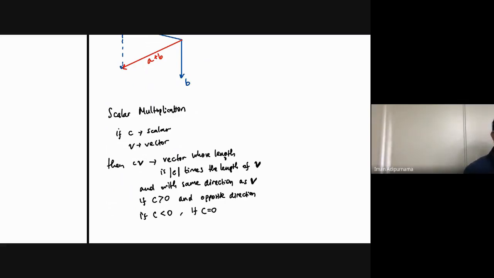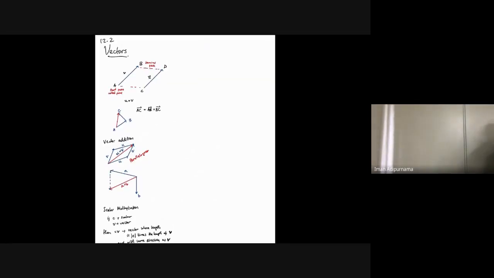If C is 0, then CV is 0. I think this is understandable, not really that difficult. Okay, that's the scalar multiplication.